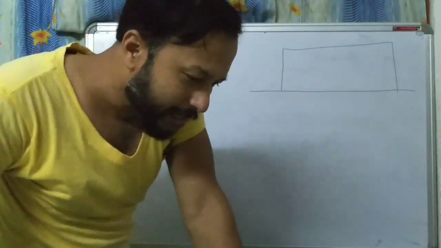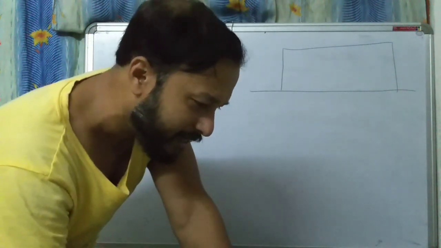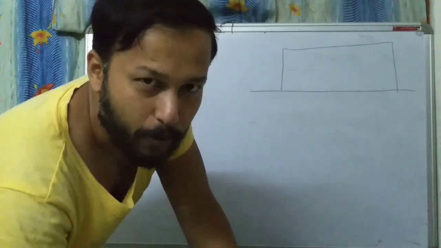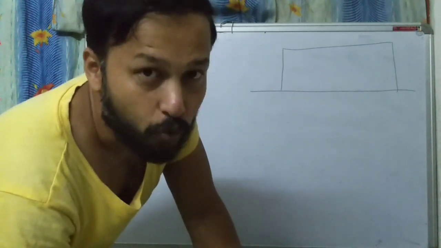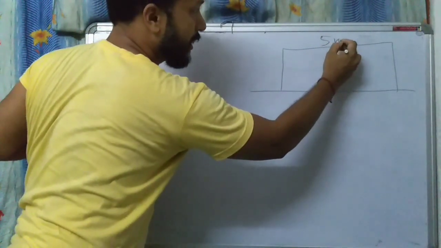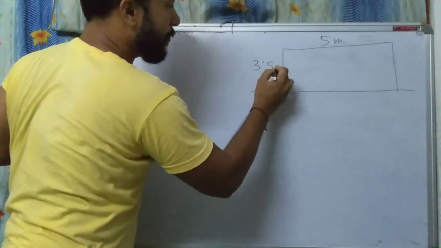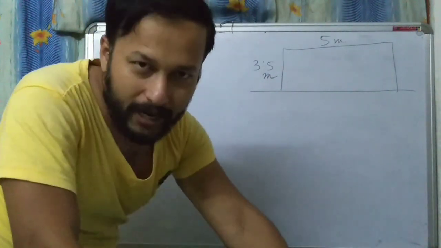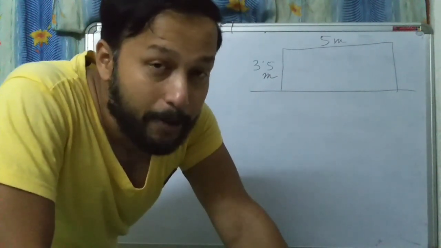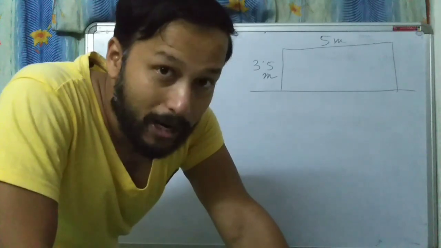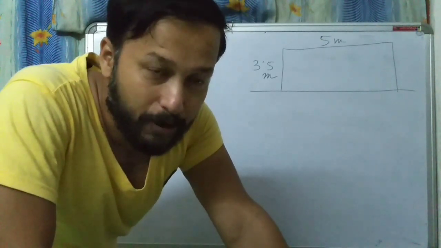And the dimensions of the wall are given, 5 meter and 3.5 meter. The wall has length 5 meter and breadth 3.5 meter.